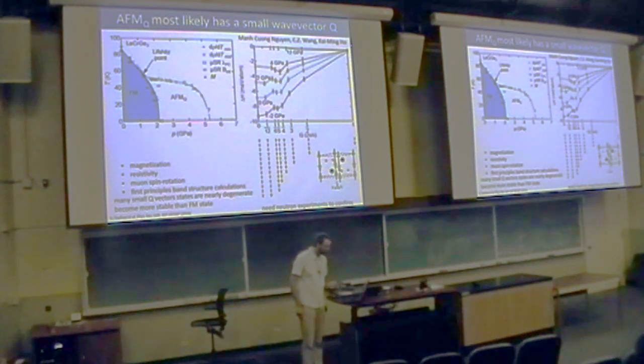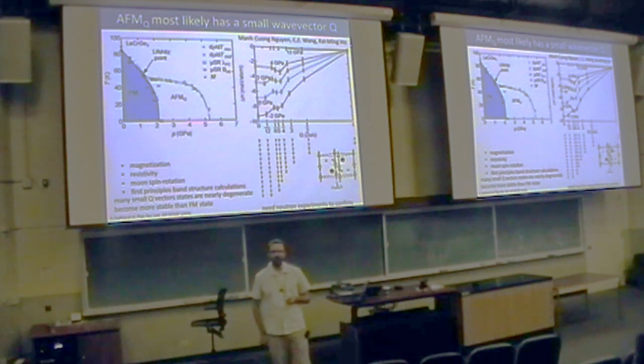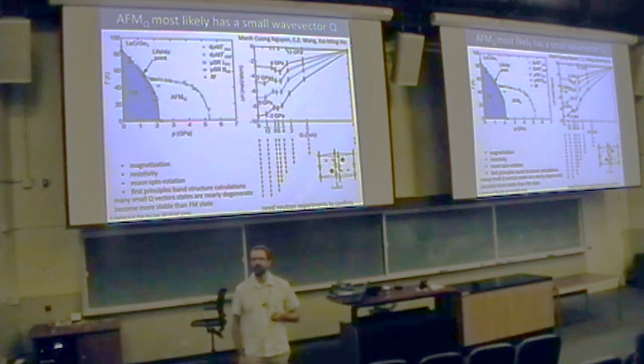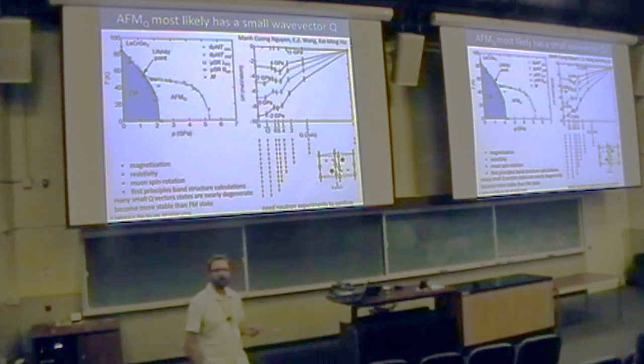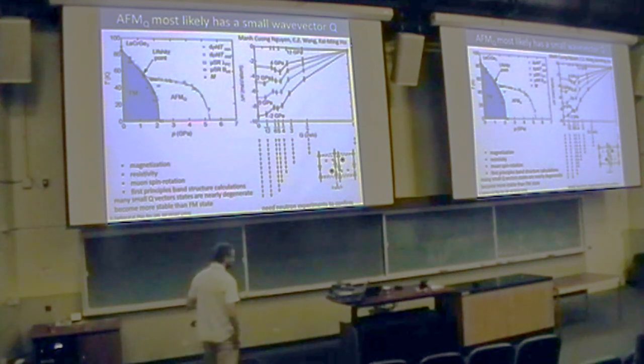And so clearly, that seems to indicate that most likely this new phase has a small wave vector Q that is also in agreement with the recent proposals for ferromagnetic quantum criticality.